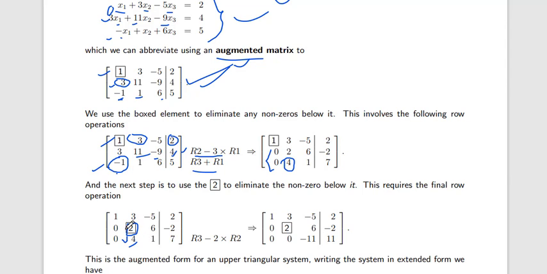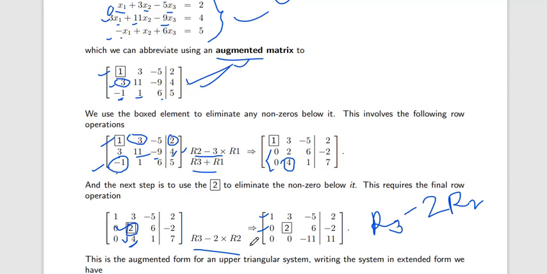If we multiply 2 with R2 and subtract it from R3, then we will get 0 below. To convert 4 into 0: R3 minus 2R2. The first row remains the same, and the second row remains the same.